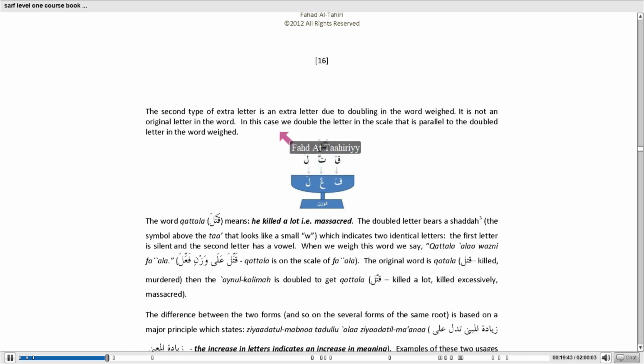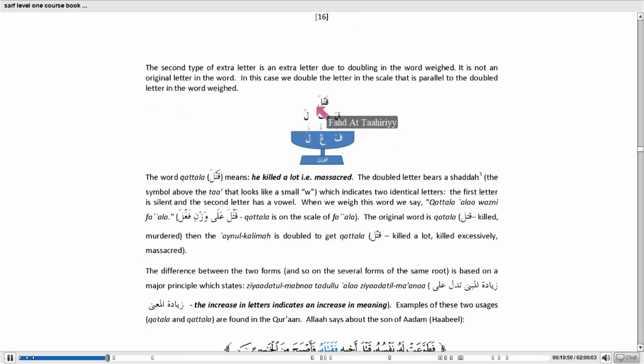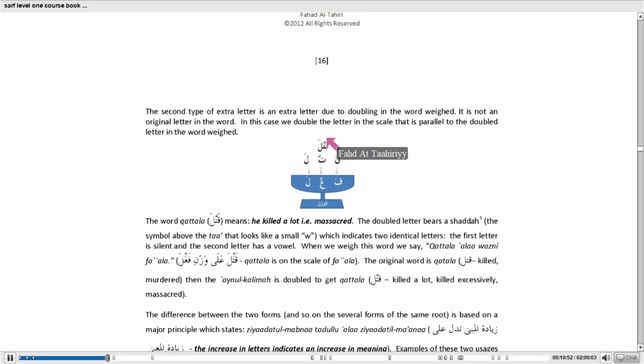In this case, we'll get to explain how it's doubled and what happens when it's doubled. But what do we do when a letter in the word is doubled? Here, we're simply going to double the same letter it was parallel to.